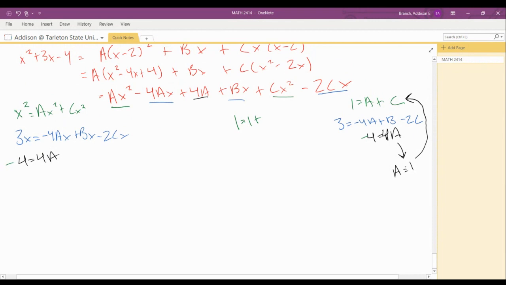Yeah, that's a -4. I was right. So that a is -1. So we get 1 equals -1 plus c. Then we can solve for c to get 2 equals c. Now we can plug our a and our c in here.